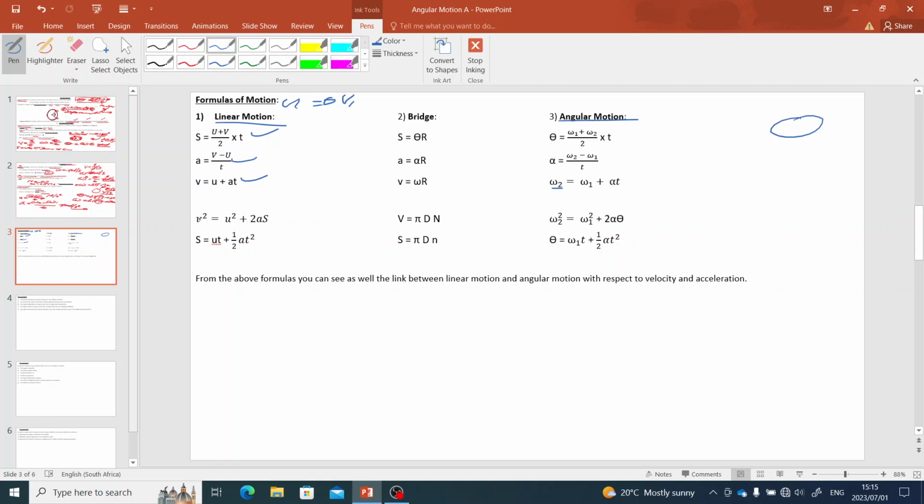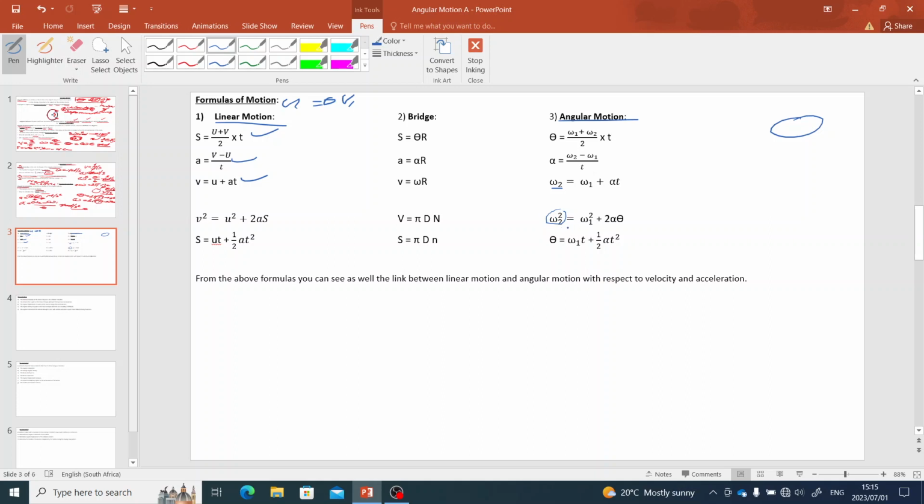Then we have V final squared. This side we have omega 2 squared. Don't forget that. Many students make a mistake here. They will only write omega 2 and forget to square, and yet the formula is V squared. If you are to use this formula, don't forget to square omega 2, the final velocity.